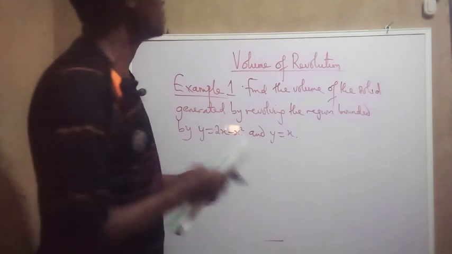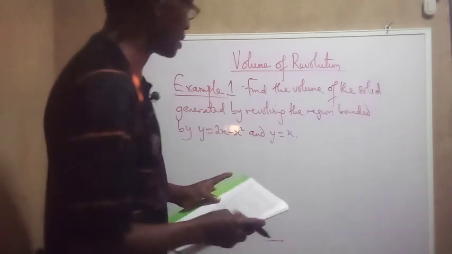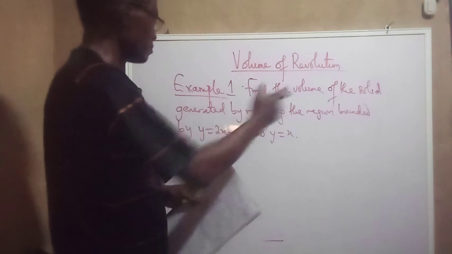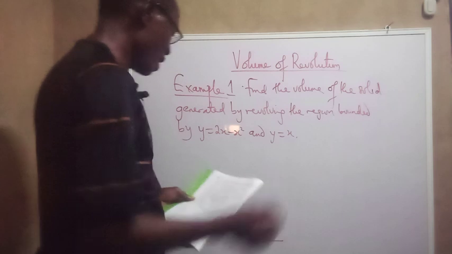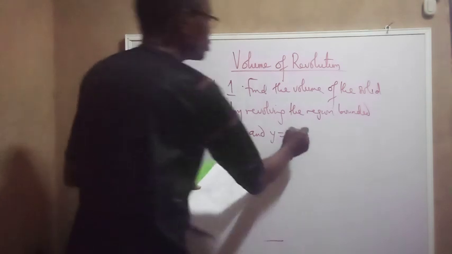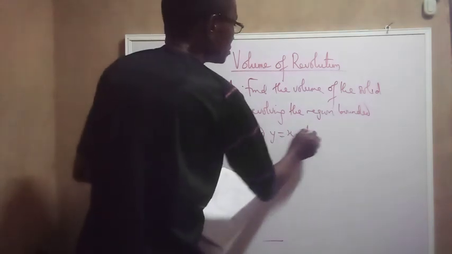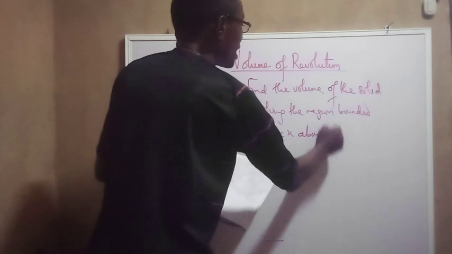So we want to find the volume of the solid generated by revolving the region bounded by y equals 2x minus x squared and y equals x about the y-axis.